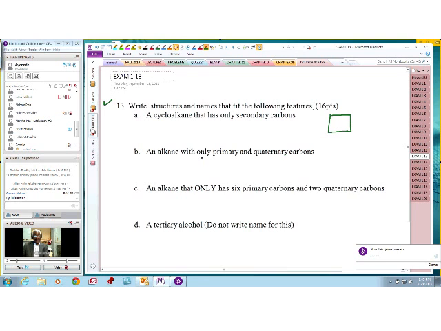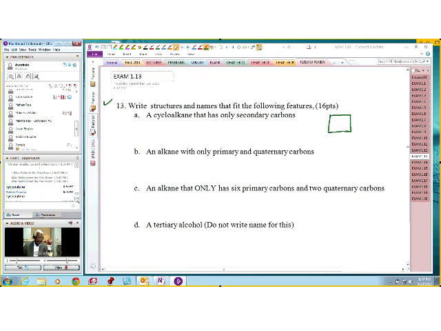About B, an alkane with only primary and quaternary carbons. Does anybody know an example of that? Keep in mind, a primary carbon is only attached to 1 other carbon.